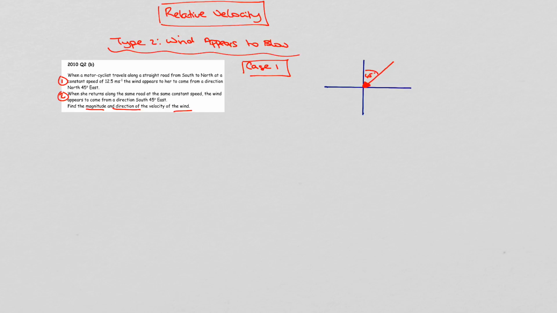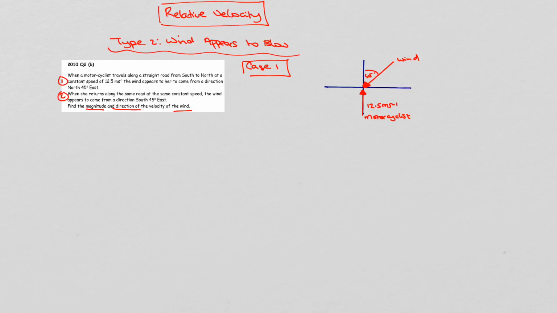We then have the motorcyclist travelling along the straight road from south to north at a speed of 12.5 metres per second. So this is the direction in which the motorcyclist is going. Right, so we have the wind and we have the motorcyclist, and the speed at which she's travelling is 12.5 metres per second.